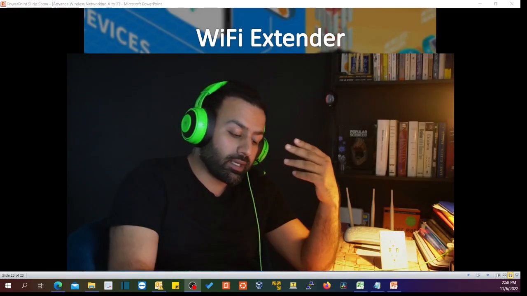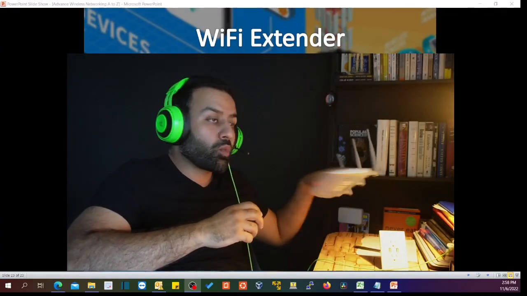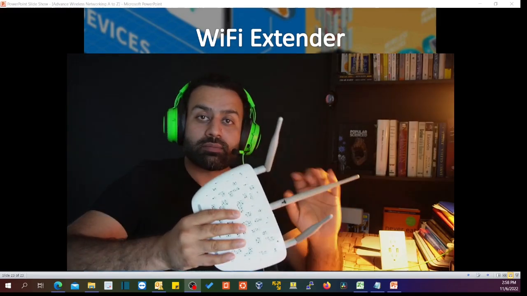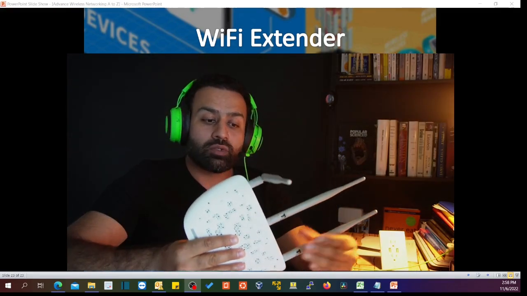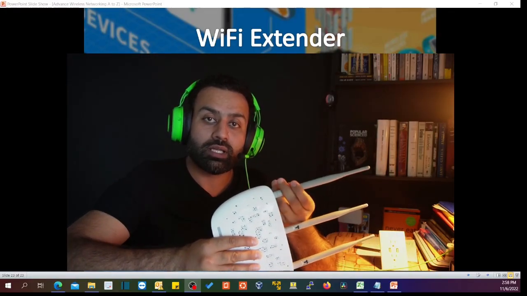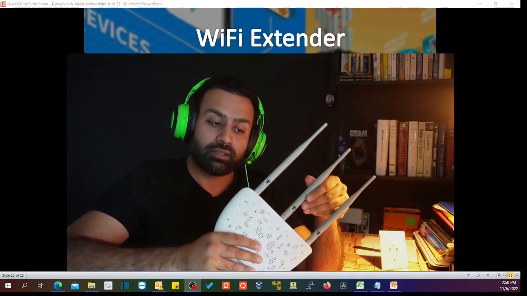One thing you should keep in mind: before this, we had the wireless access point, and if you remember, we discussed wireless access point modes. You know there is a way where we can configure our access point as a bridge, as a repeater, or as transparent.